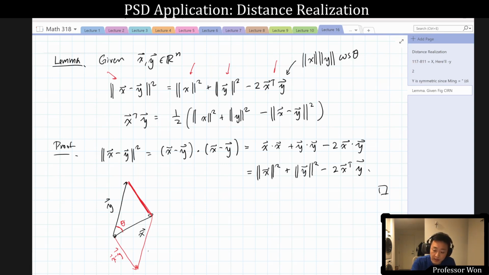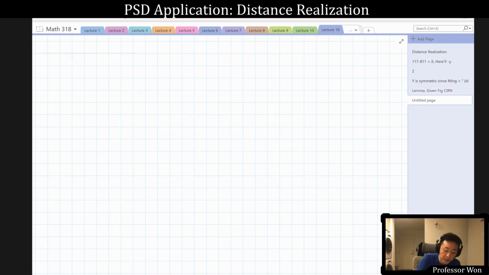Okay, but we can use this in order to prove Schoenberg's theorem. So proof of Schoenberg's theorem. Okay, so it says that a bunch of distances are realizable by a set of points if and only if some matrix is positive semi-definite. So we need to prove both directions.